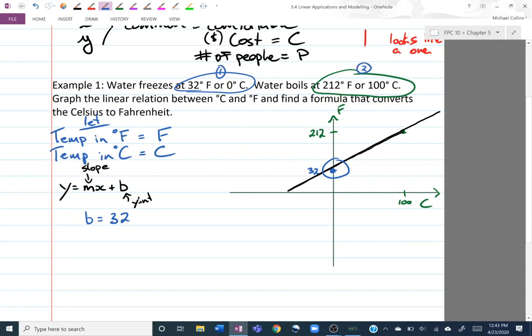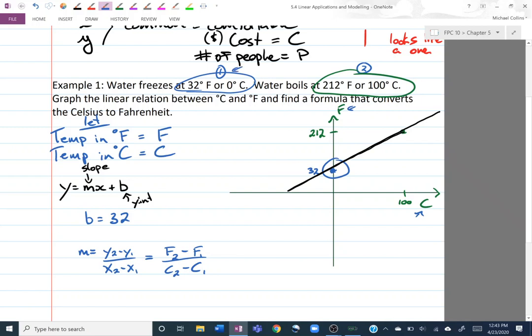Now what we have to remember is that my f is my y-axis and my c is my x-axis. So my slope, y2 minus y1 over x2 minus x1, is now going to be f2 minus f1 over c2 minus c1.